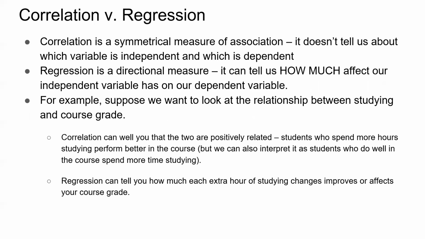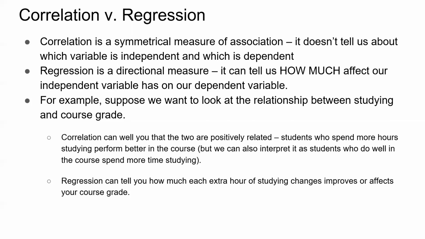So let's look at the differences between correlation and regression and how these two statistics are connected. Correlation is a symmetric measure, as we talked about last week. It doesn't tell us about cause and effect. It doesn't tell us which variable is independent and which is dependent.